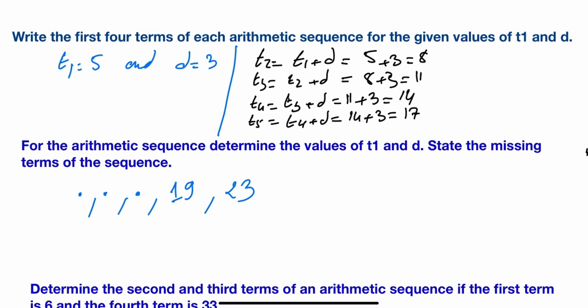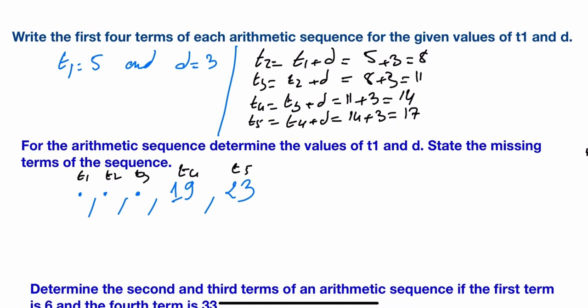Okay, for the second question, they are giving us that we have to find T1 and D, and from there we have to fill up the missing values. So the first thing we can see here, this is T1, T2, T3, T4, T5.